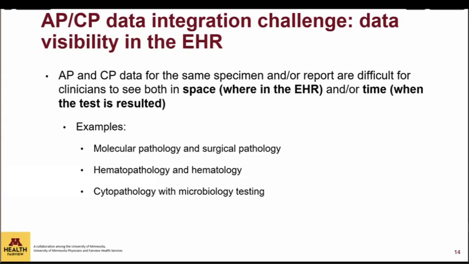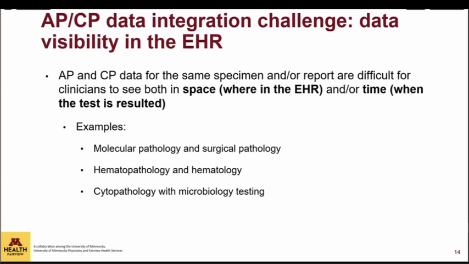So a key data integration challenge for AP and CP data is this issue of data visibility in the EHR. And I just want to call out that this really isn't inherent to AP or CP data. It really has to do with data from tests that are performed in different labs at different times, where it's difficult for the clinician to see in space in the EHR and in time at the time of result tests that would be useful to see side by side.